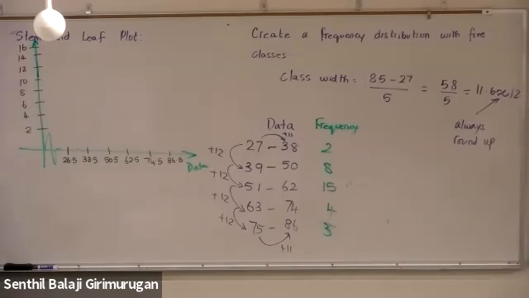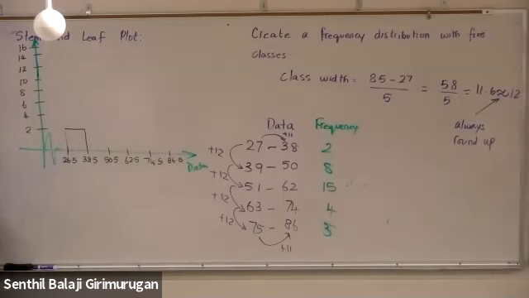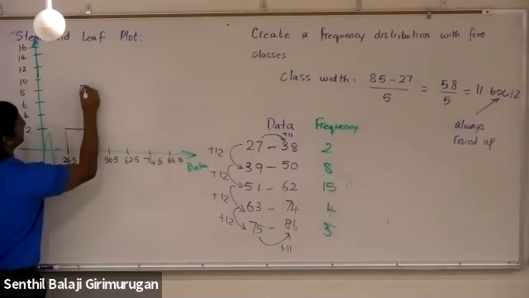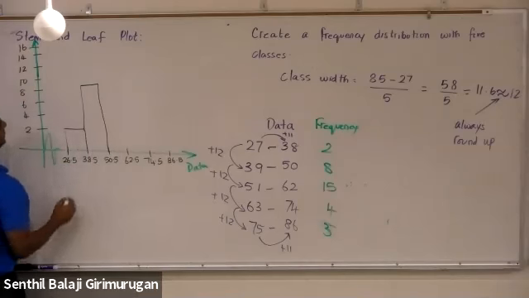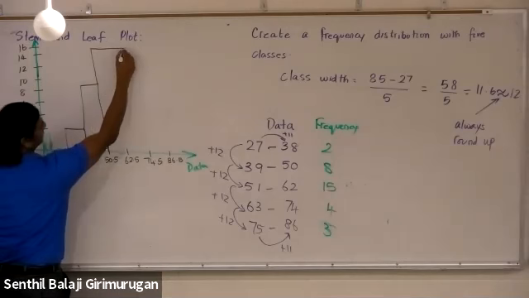Okay, not drawn clearly to scale. So the first bar, height is 2. The second one, 8. The third, 15.